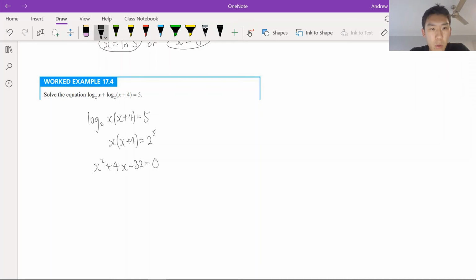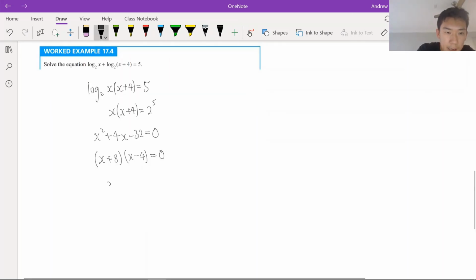Now, can we simplify this? Can we factorize this is what I mean. Yes, we can. For a second, I almost thought we couldn't. (x take 8)(x plus 4) equals 0. Hmm, rather, x equals negative 8 or x equals 4.